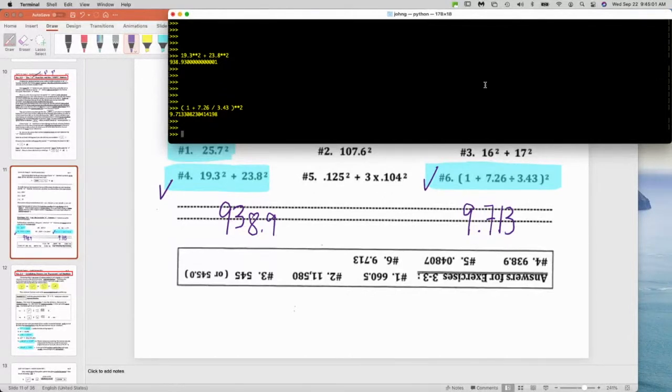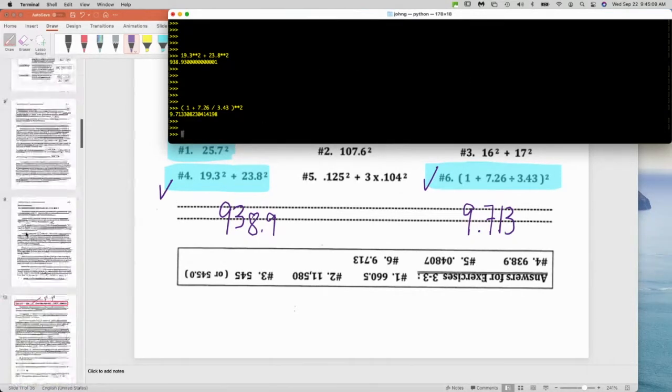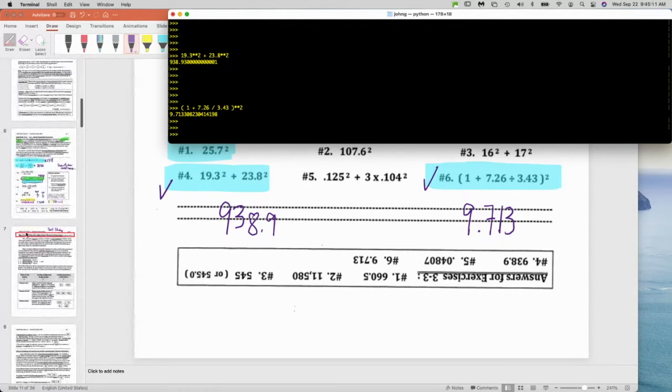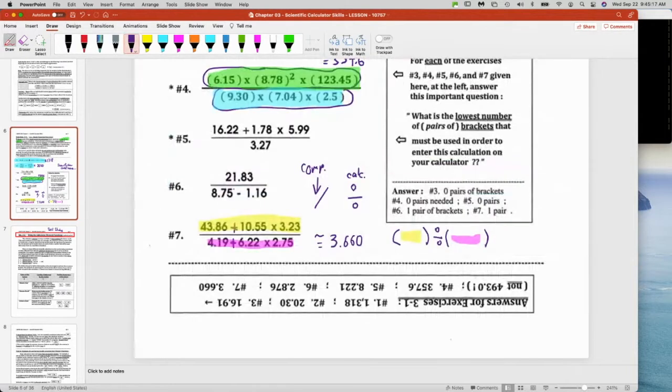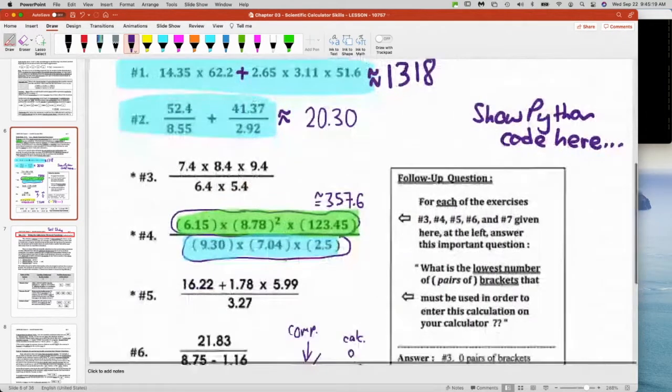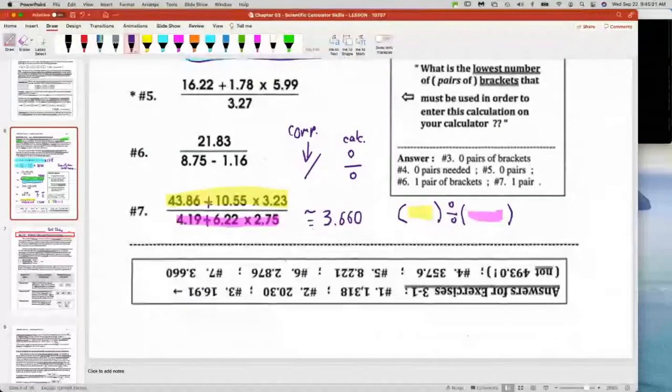Here, sorry. For number 7, I got a different answer from earlier. What did you get? Cosimo, what did you get?